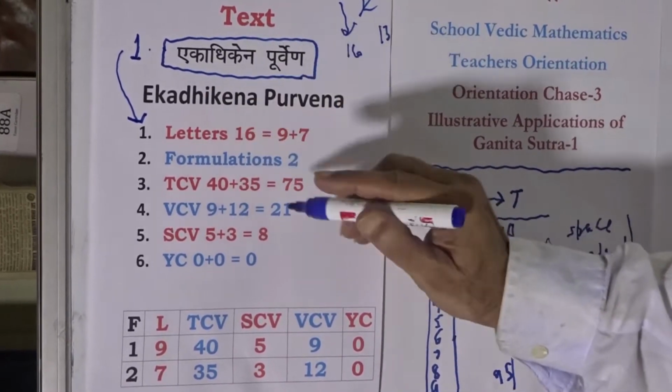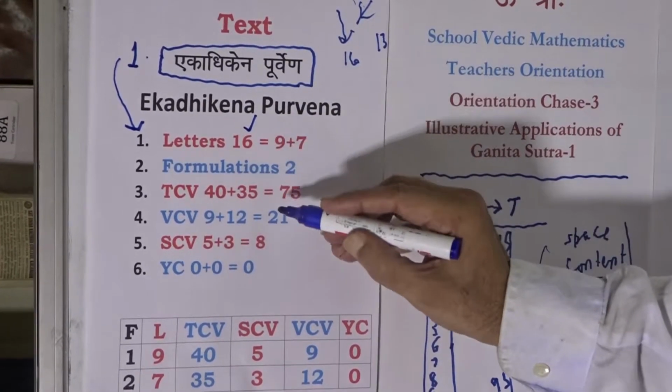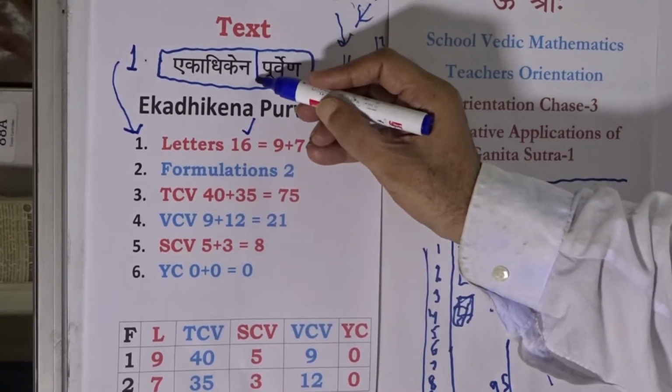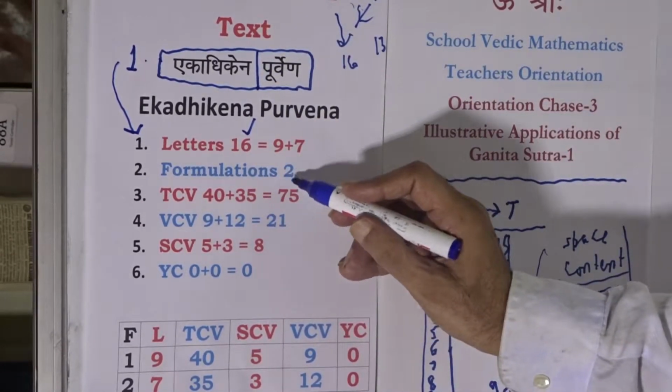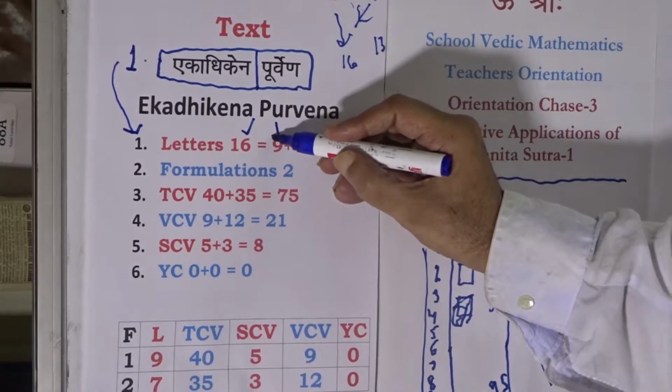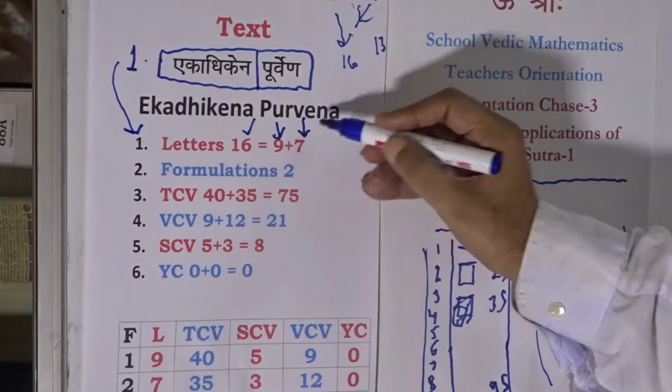We see there are 16 letters and there are two formulations. These two formulations are having individually 9 letters and 7 letters.